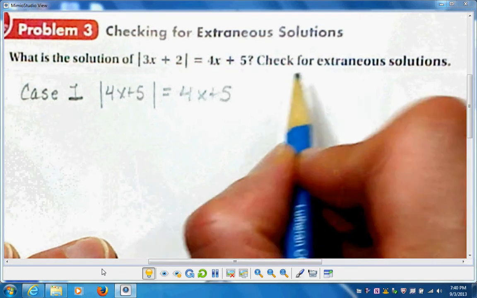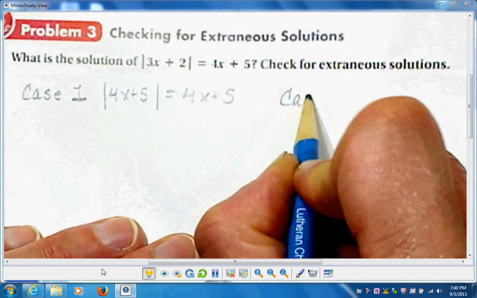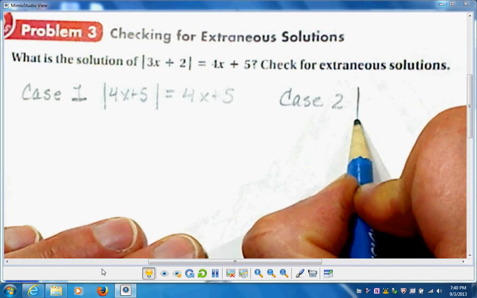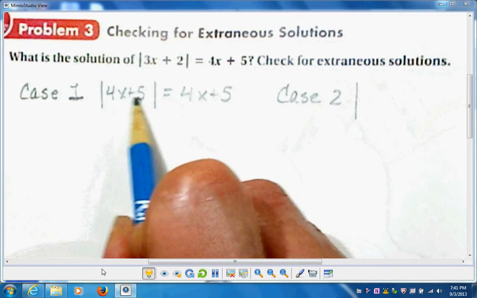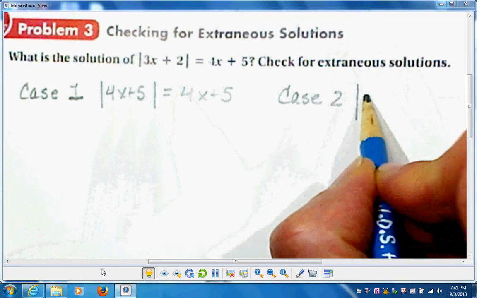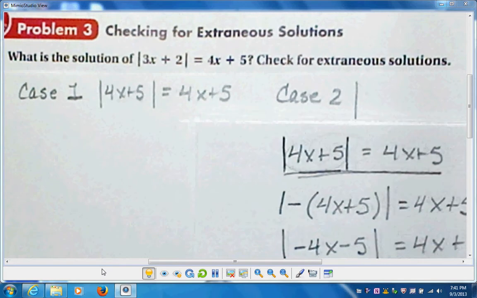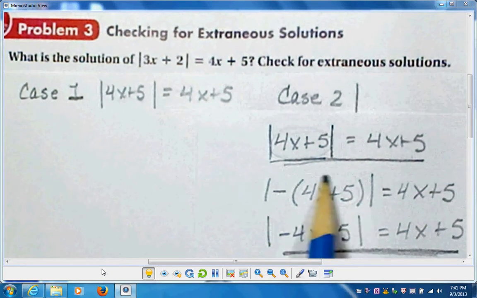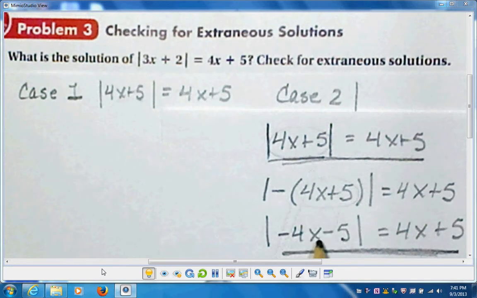For case 2, we're going to think of the total opposite of this, which I just showed you when we took the opposite of this number, we get negative 4x minus 5.